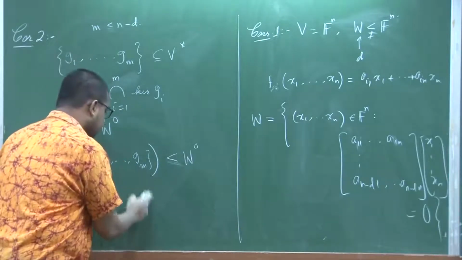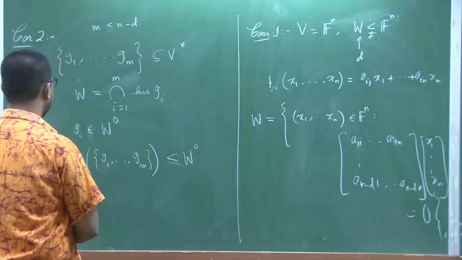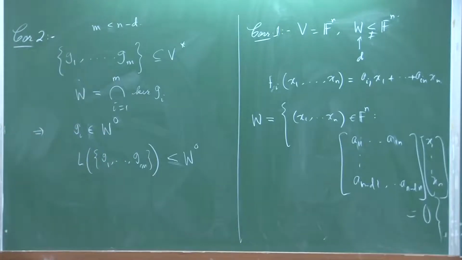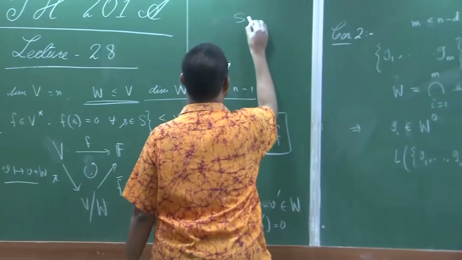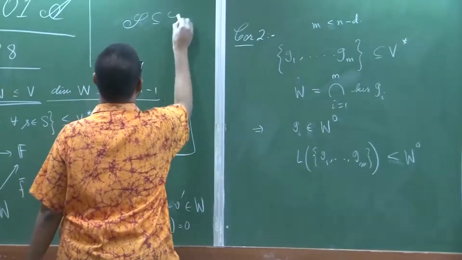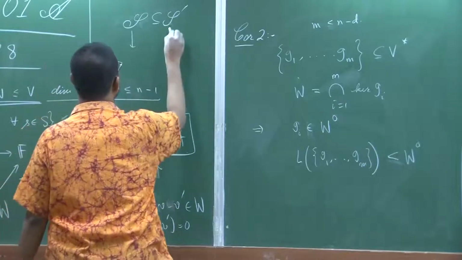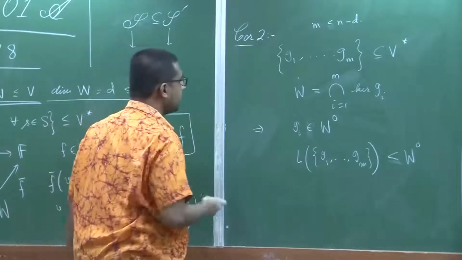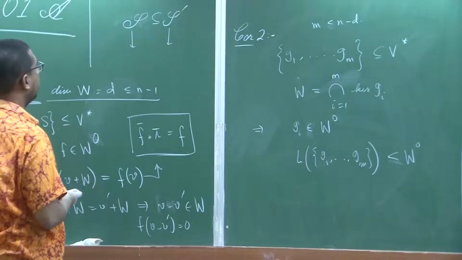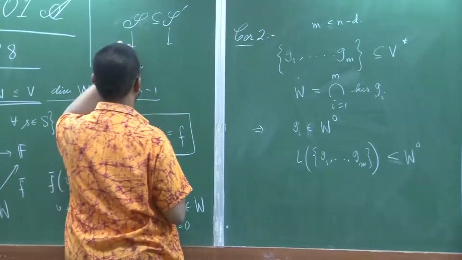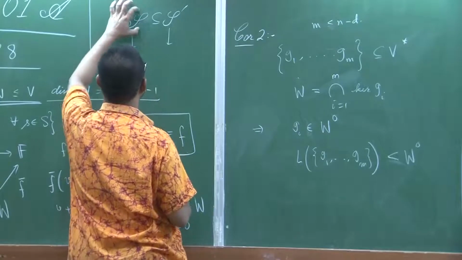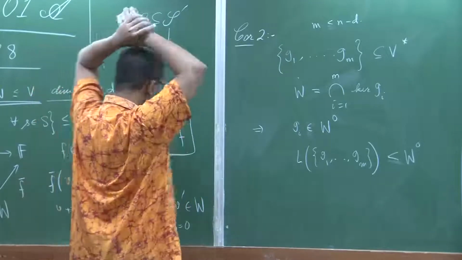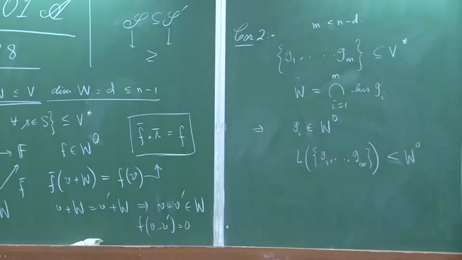Try to understand this in general. If S contains S prime, then the subspace generated by this and the subspace generated by that have a containment relation among them, because the subspace annihilated by this will be smaller than that of the other.